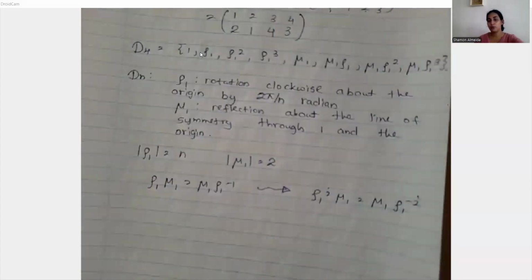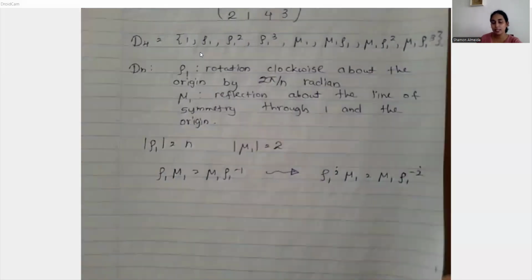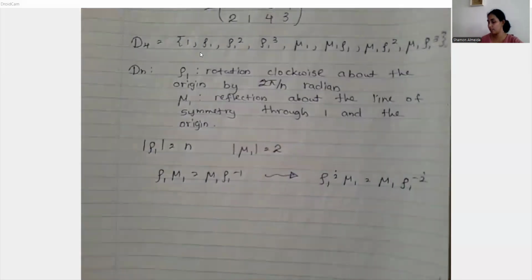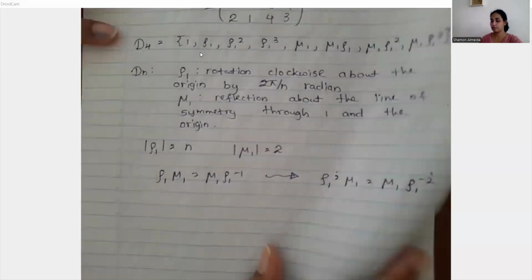Now what we are going to do is compare the groups D3 and S3. We will show that these two groups are isomorphic, right? Comparing D3 and S3.